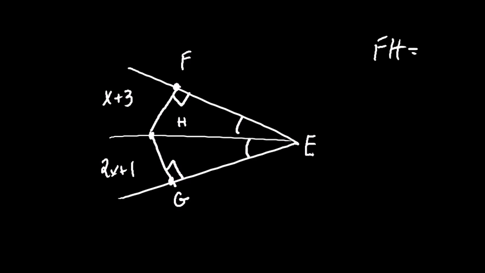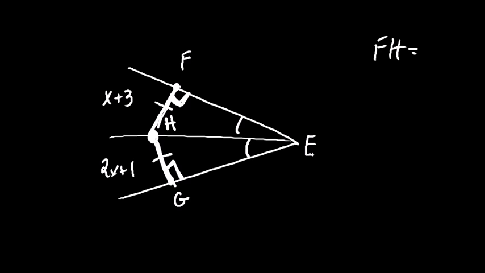So yes, I have an angle bisector, EH, which let me draw my H a little bit closer. EH is the angle bisector, and I have a point on that bisector, and it is drawn the distance, so that means I'm going to have a perpendicular right angle right there. So that means that these sides are congruent.